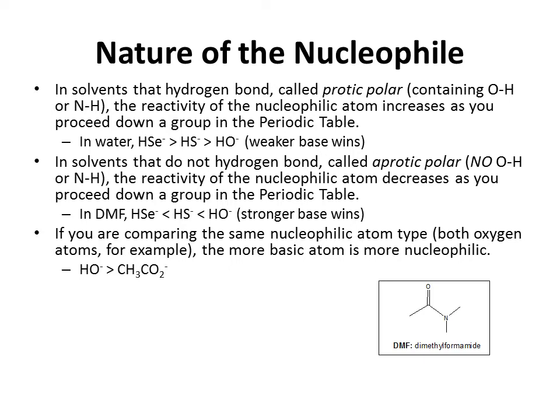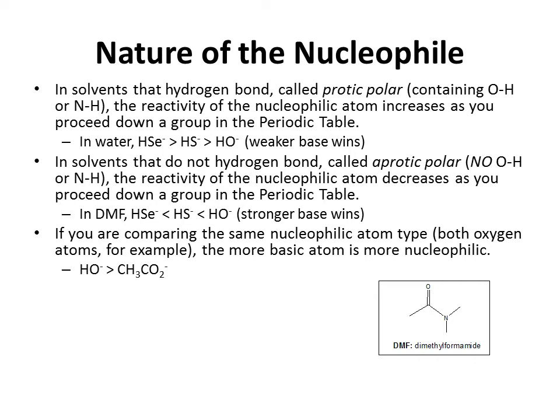What's really going on here is that in a protic polar environment, you have hydrogen bonding to the nucleophile, and stronger, that is more basic nucleophiles, smaller nucleophiles like hydroxide, will hydrogen bond more effectively to a protic polar solvent than the larger, more diffuse nucleophilic atoms like sulfur or selenium.